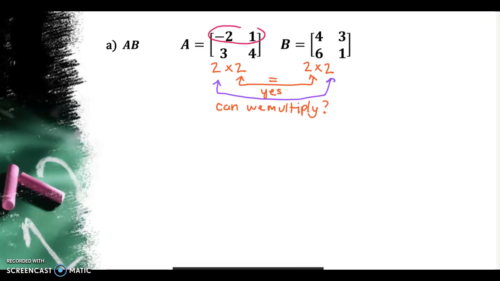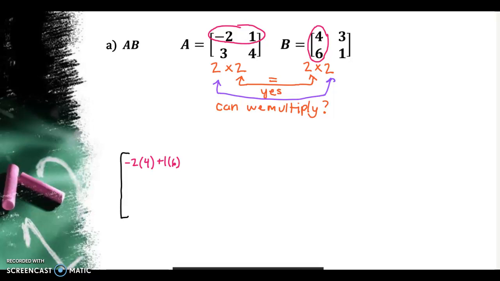We're going to take row 1 of matrix A and column 1 of matrix B, and this entry of our new matrix AB, we're going to take -2 times 4 and add 1 times 6. And that's going to be the first entry of our 2 by 2 matrix.